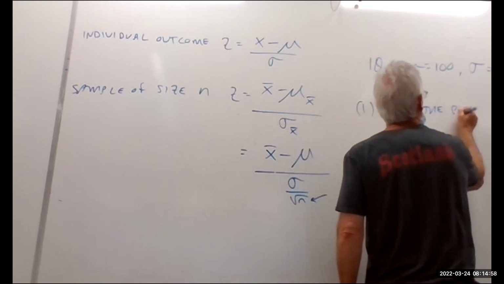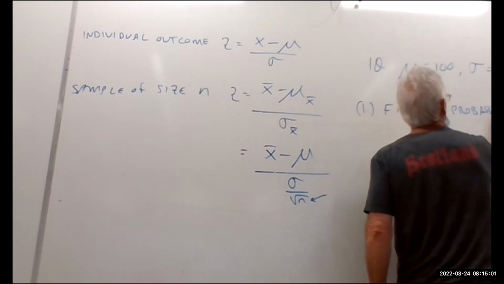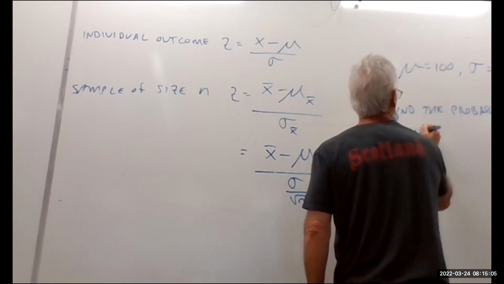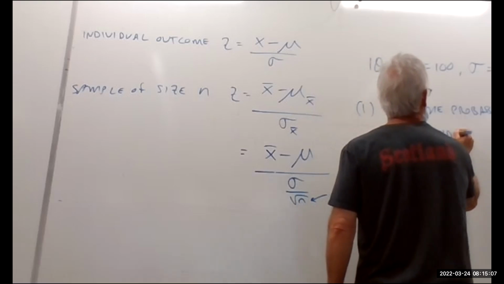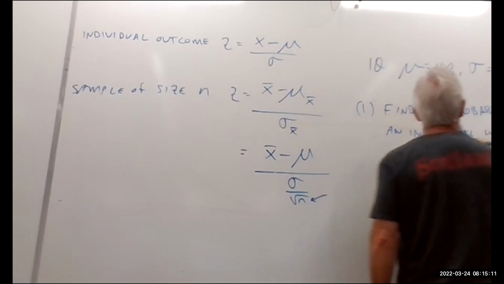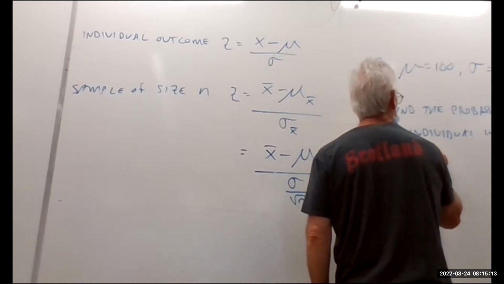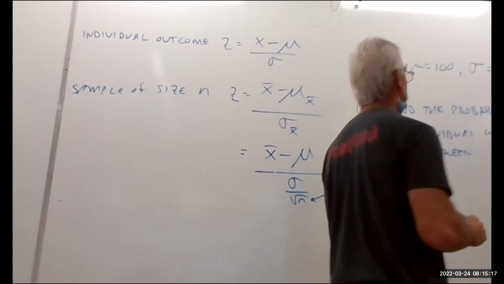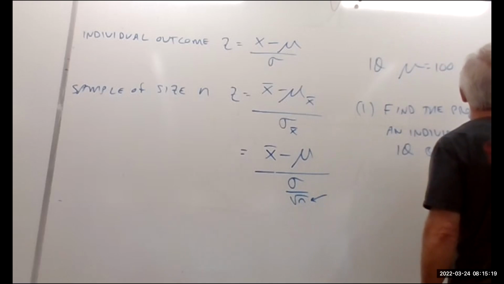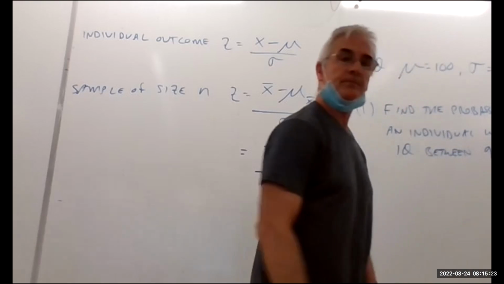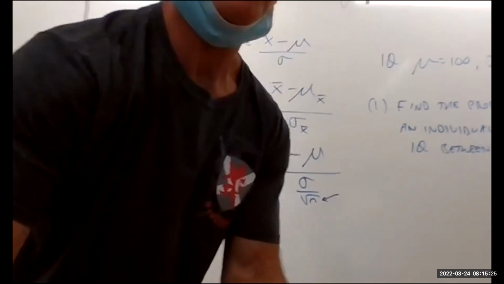Find the probability of an individual with an IQ between, I'm going to keep this simple, between how about 91 and 106. Okay, that's the first question.